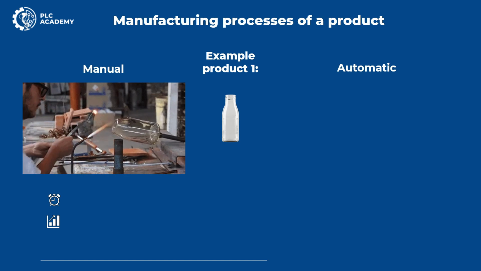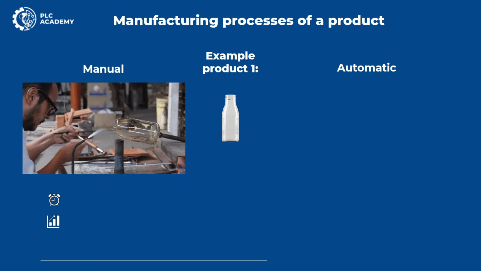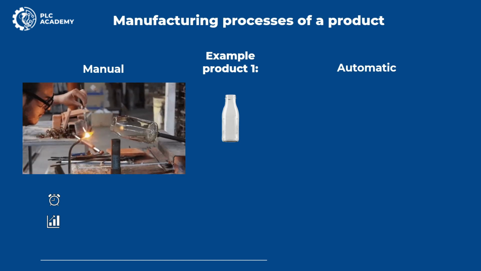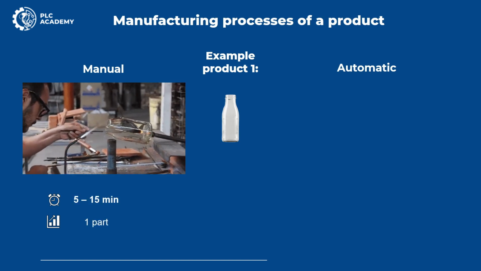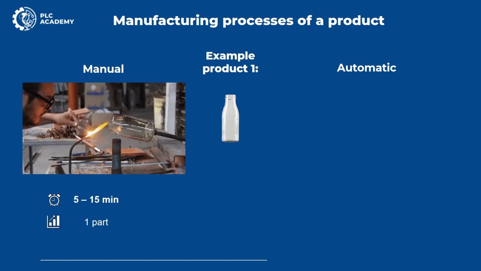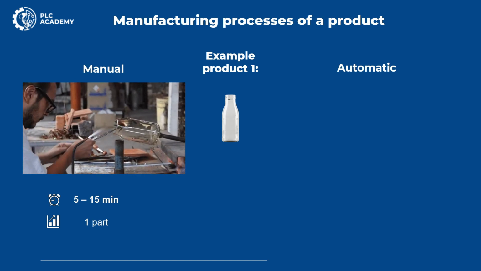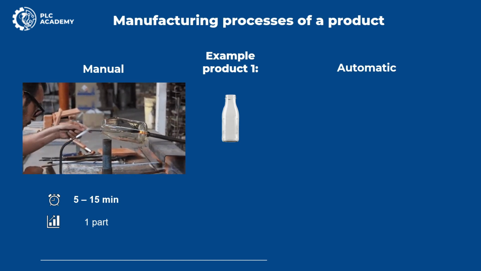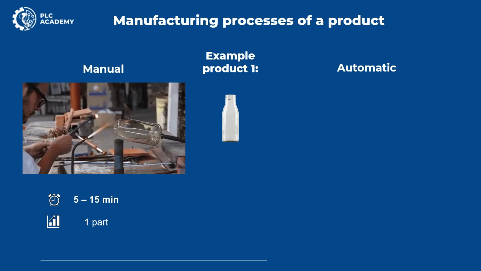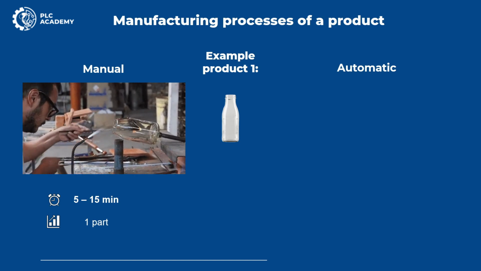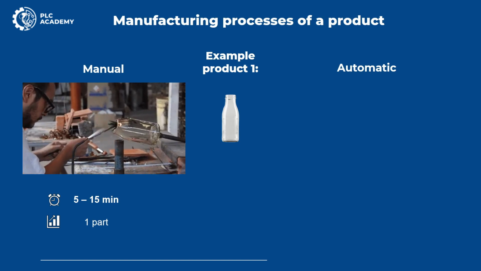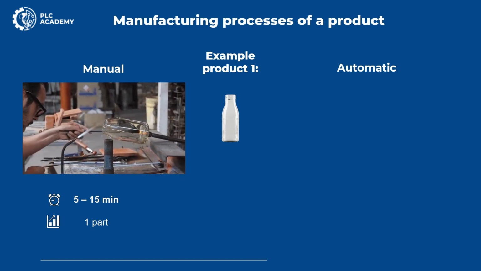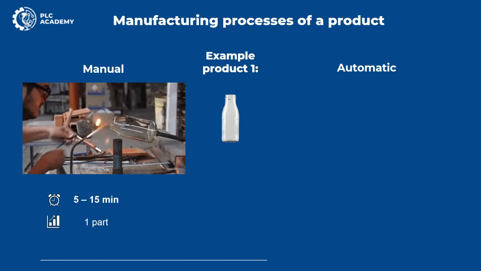According to data that I've been researching, between 5 and 15 minutes, one piece, approximately. Now, I can't say for real or in general, but maybe someone has a little bit more experience on this and they know how to run these types of bottles. They can take less than 5 minutes.